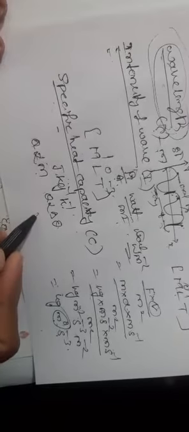Specific heat means the quantity of heat. The quantity of heat Q is directly proportional to mass and directly proportional to temperature difference.